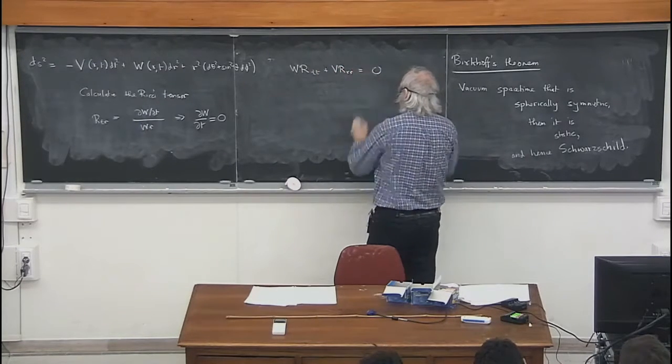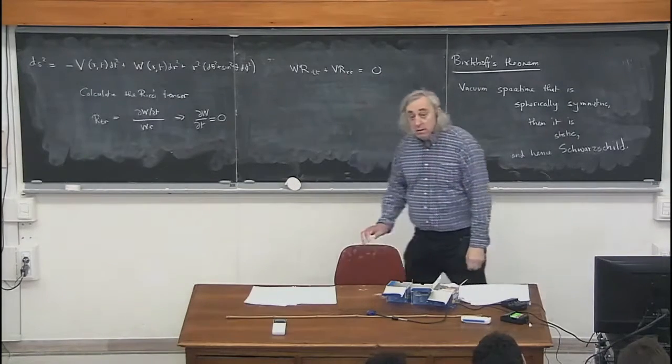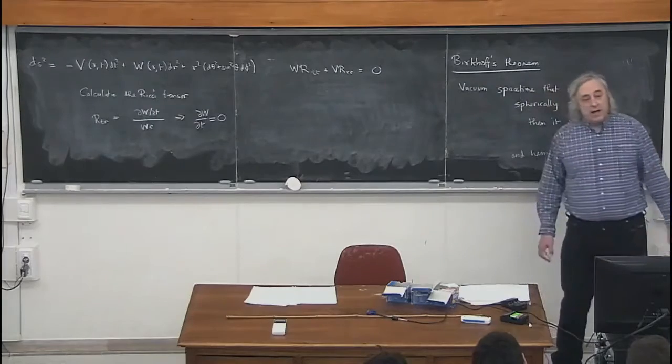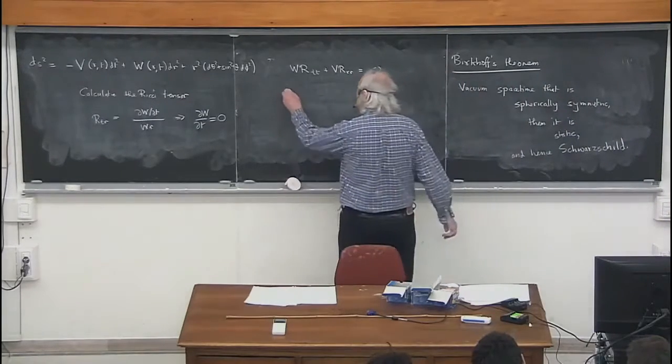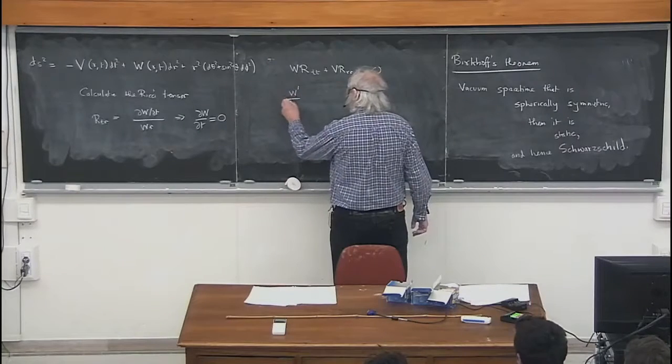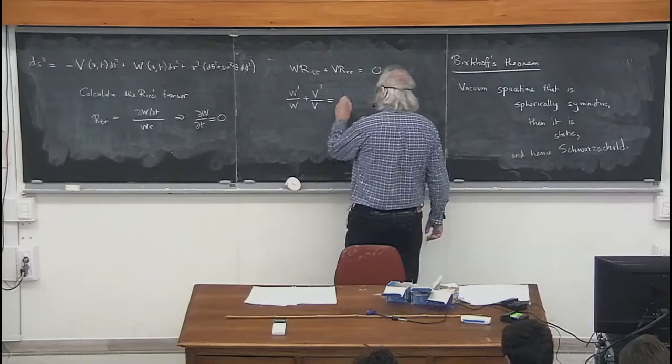This must be equal to 0 because these things are supposed to be equal to 0. If you do that, I'll leave these things as homework for you. You'll discover that W prime over W plus V prime over V is equal to 0.